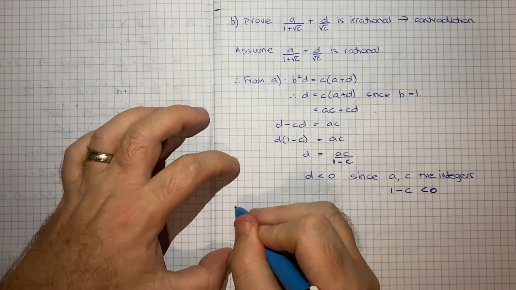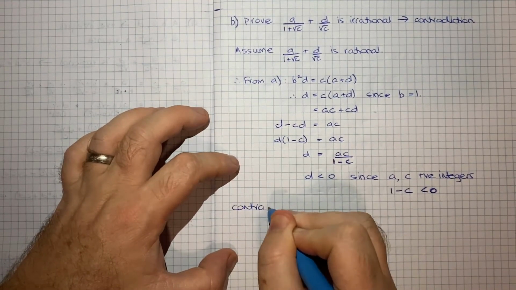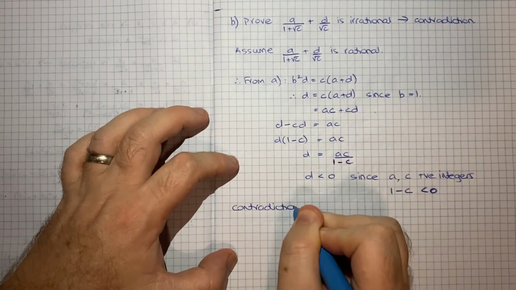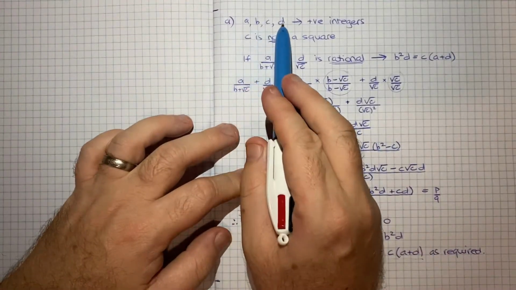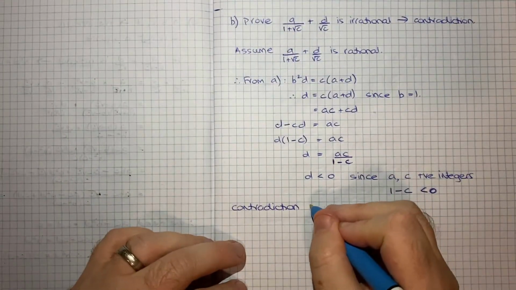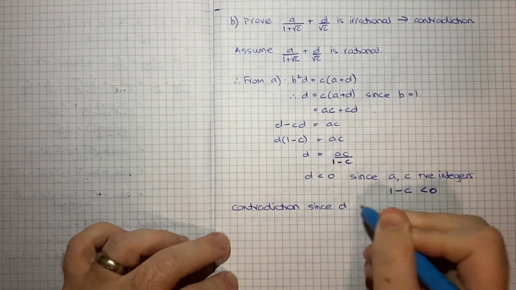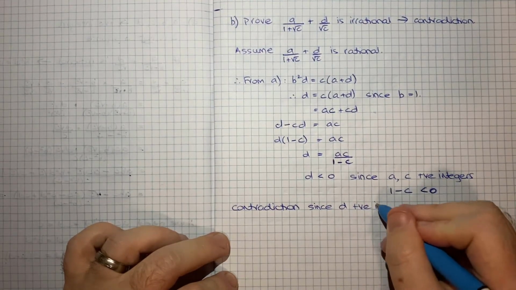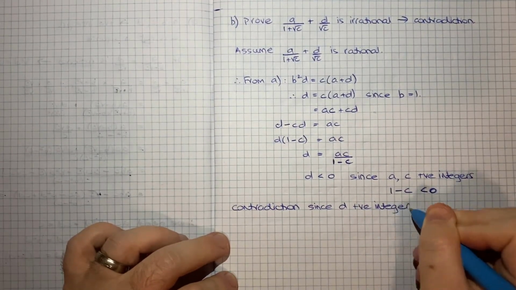And that's our contradiction, actually, because remember, a, b, c, and d are all positive integers. It's a contradiction since d is a positive integer. So d can't be negative.